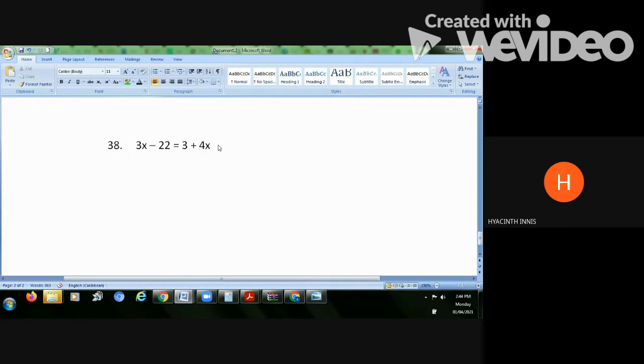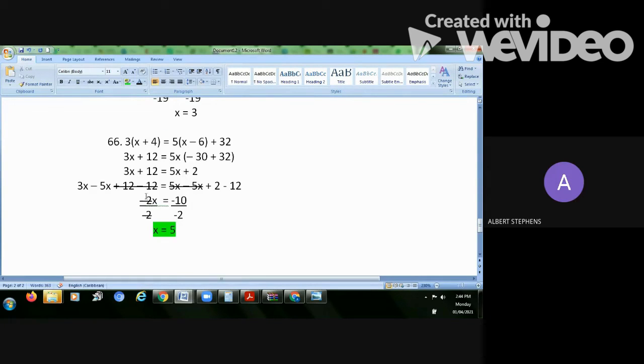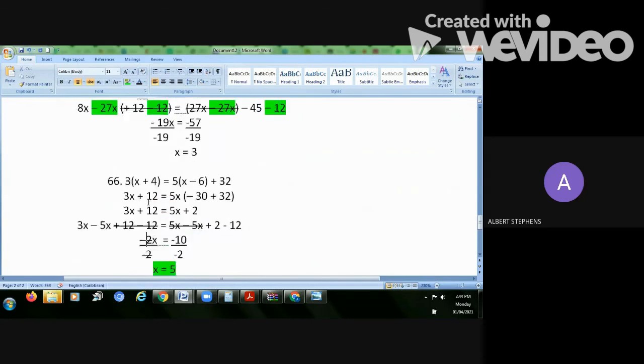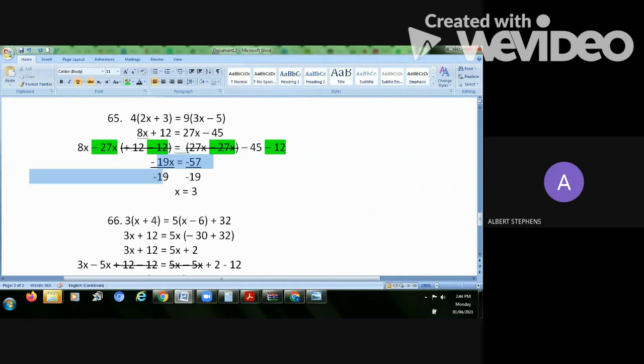X minus 4x. All right, hold on. Let me show you something different. I noticed that you guys always, we notice the x always comes over on the left hand side, don't we? Would you agree with me?